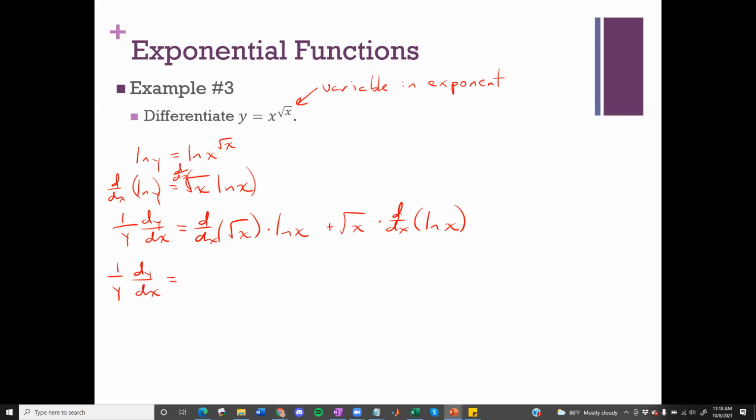Is the derivative of square root of x something where? Yeah, so by no means do I think you need to memorize any of these things, but I'm guessing that for a lot of you, you commit them to memory the more you do them. So 1 over 2 square root of x times natural log of x plus the square root of x times 1 over x.